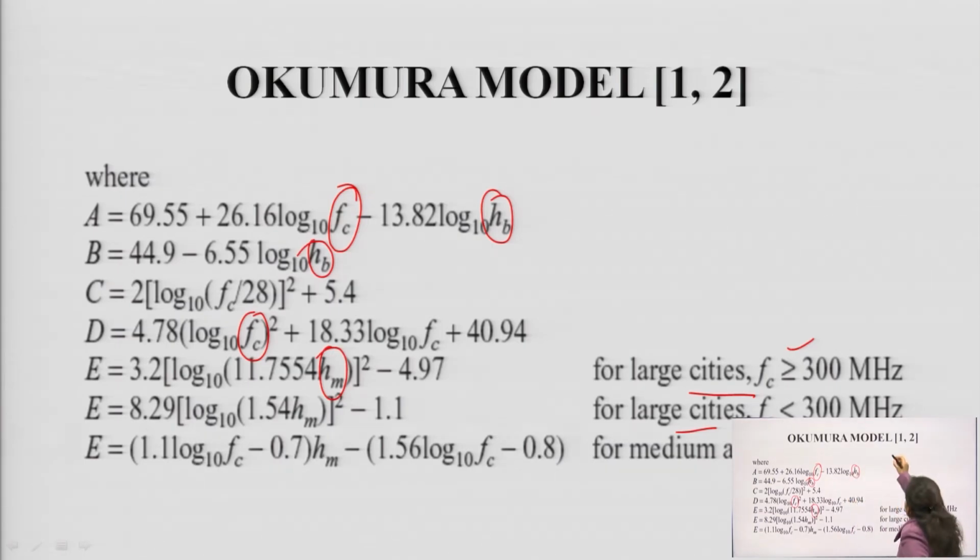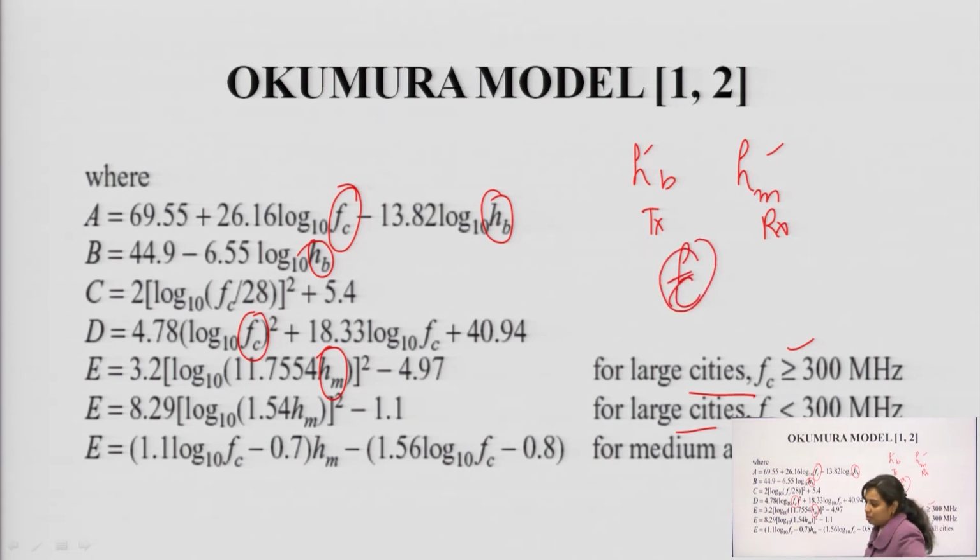So, Hb is the transmitter, Hm is the receiver. Not always, it may be possible that we are considering the reverse channel also. So, that will be the transmitter, this will be the receiver, and Fc. So, these four terms you have to keep in mind while designing this Okumura model.